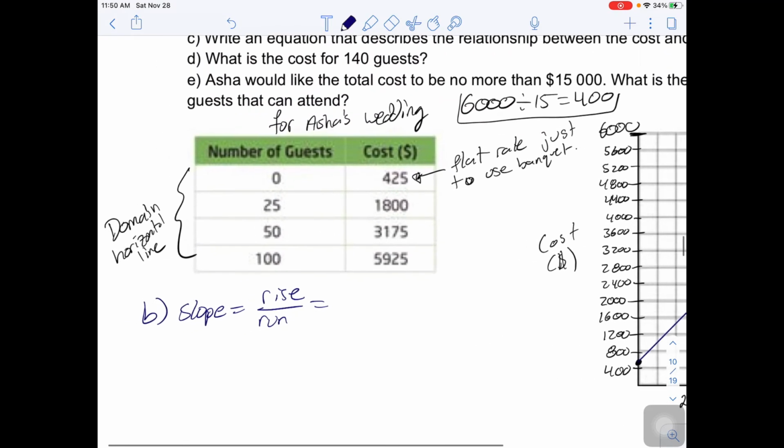And we can actually determine slope using this, right? So our y values, or our rise, look at how much we're going up by here. 425 to get to 1800.